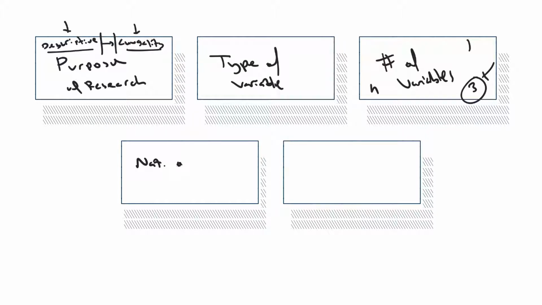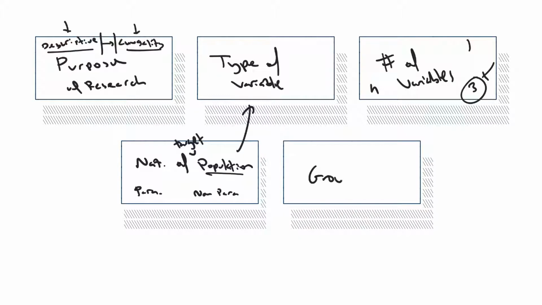We also want to look at the nature of the overall population. This is the target. And again, is the population parametric or non-parametric? This is going to be related to our type of variable. And then we also have the groups.